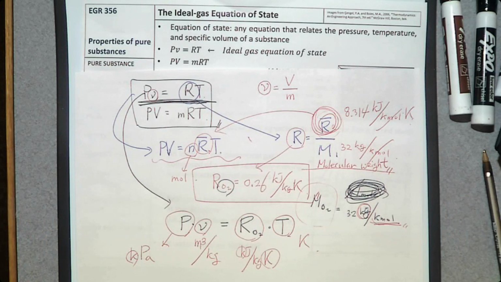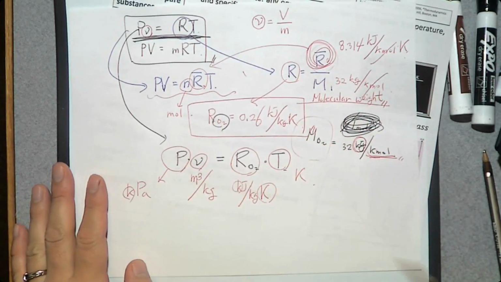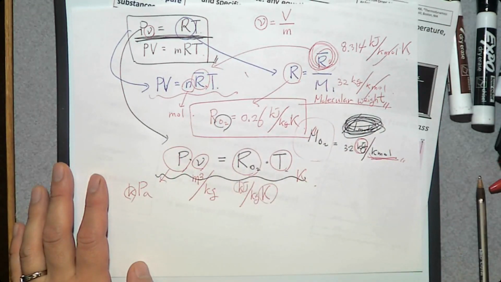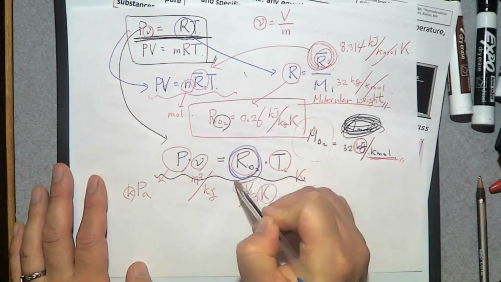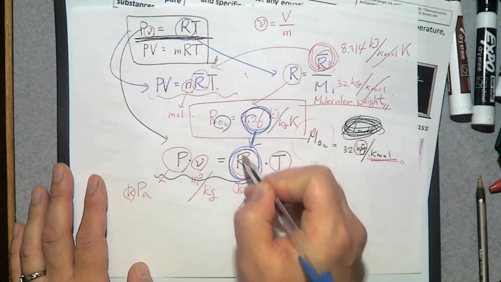So let's go back to this Thermo 1. Pv is RT. Where can we use this equation? If you look at this equation, this R is a gas constant. It has a fixed number, so this R is constant.